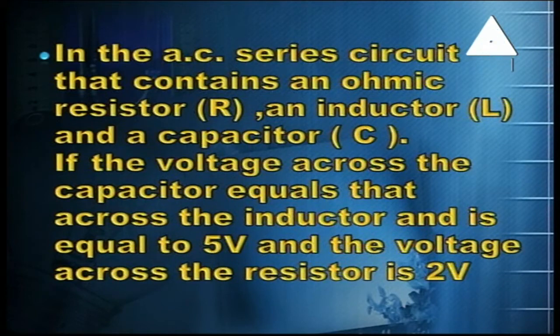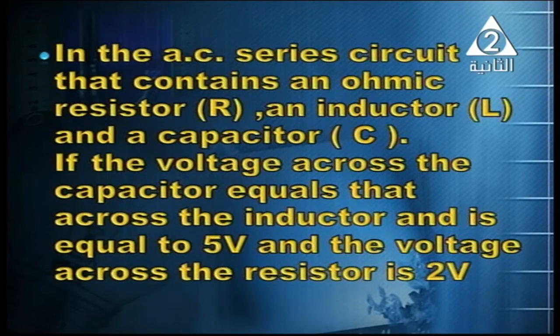Each one of them is equal to 5, and the total voltage or voltage across the resistor is equal to 2 volt. Let me say it again. VC equals VL equals 5. VR is equal to 2.